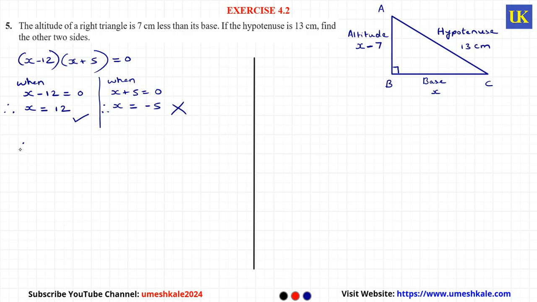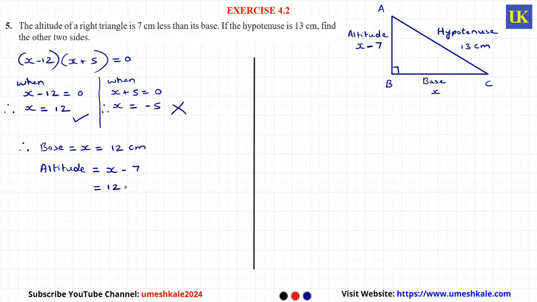So therefore we'll write the values of base and perpendicular. That is what they had asked in the question. So base is equal to x we had taken, and x is 12. So base will become 12 centimeter, and altitude we had taken x minus 7.